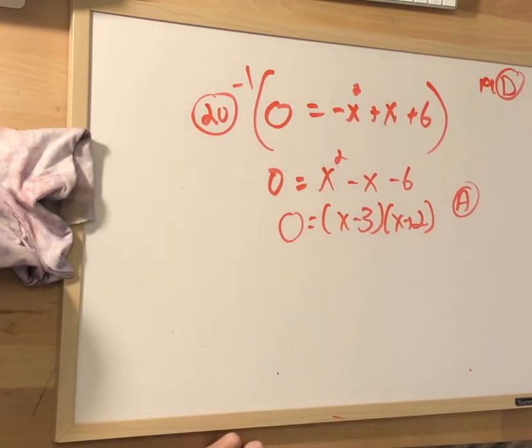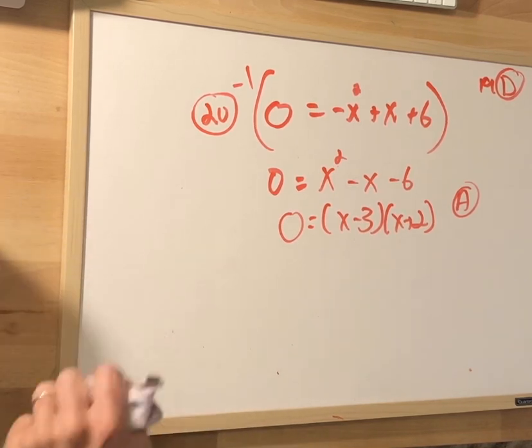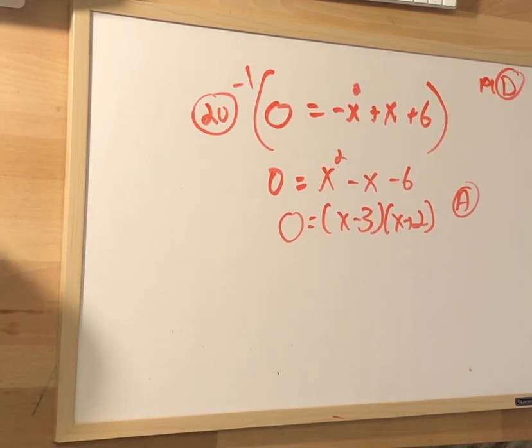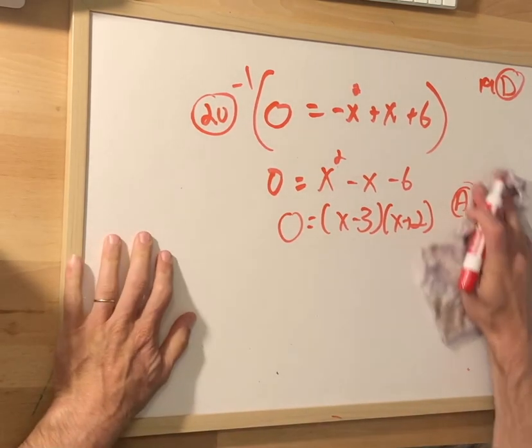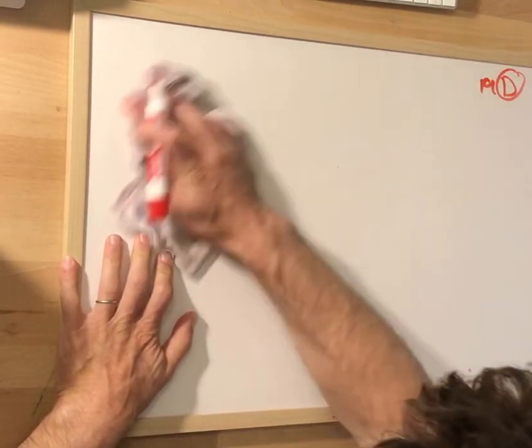All right, for 21, I'm not going to do 21. The denominators are the same. The c's cancel out. The only thing that could trick people on 21, I'll just explain this.